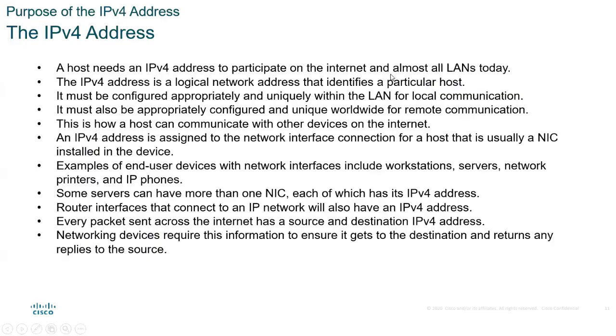Now, normally, we all know that in our society, we have identities. And the purpose of this identity is to be able to identify an individual so that something that is meant for one particular individual will not be mistakenly directed at another individual.